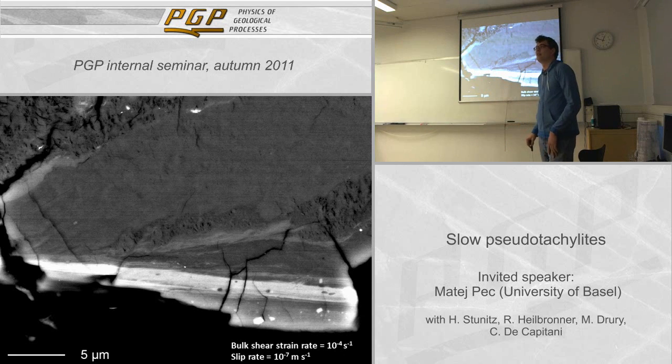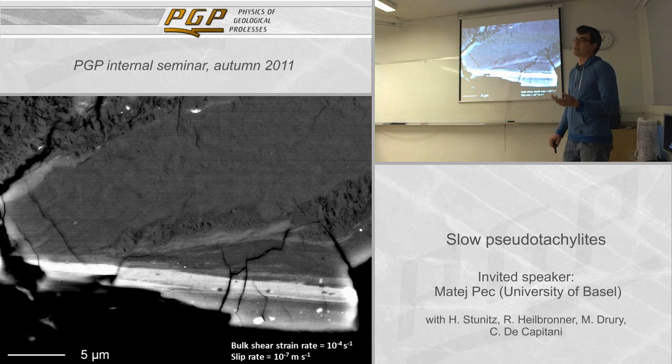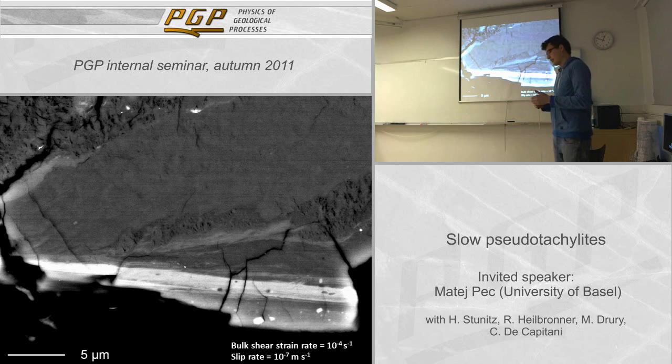Yes? The bubbles, during the experiment they were most probably filled with a fluid, because if you melt a mica, then you release the water that is in the crystal structure, and it's very commonly observed in pseudotachylites. Another possibility how people explain it is that because they are moving very fast, there's cavitation in this highly viscous layer.